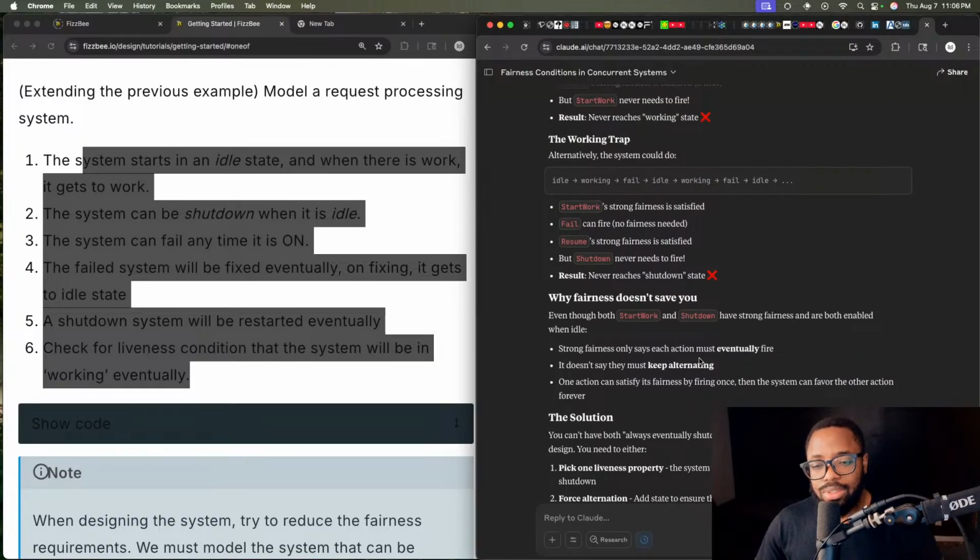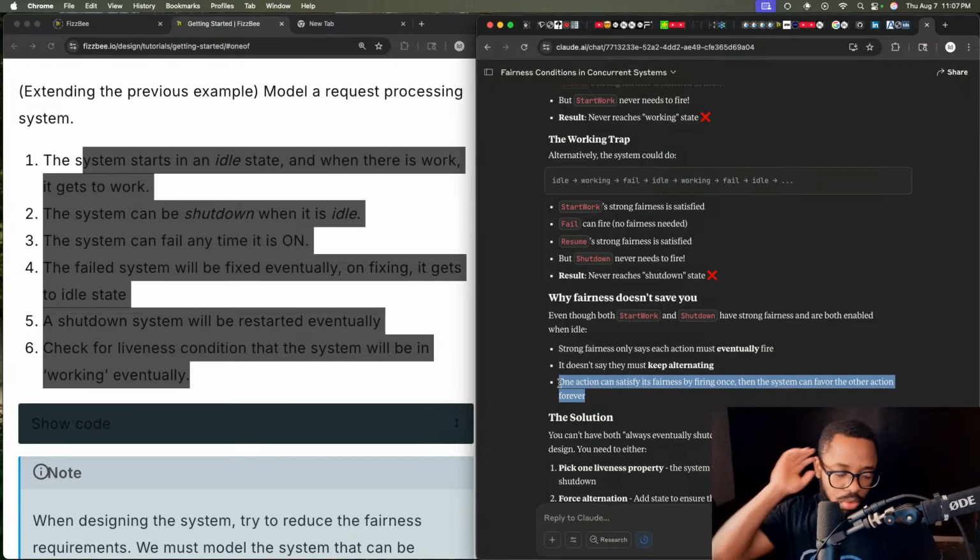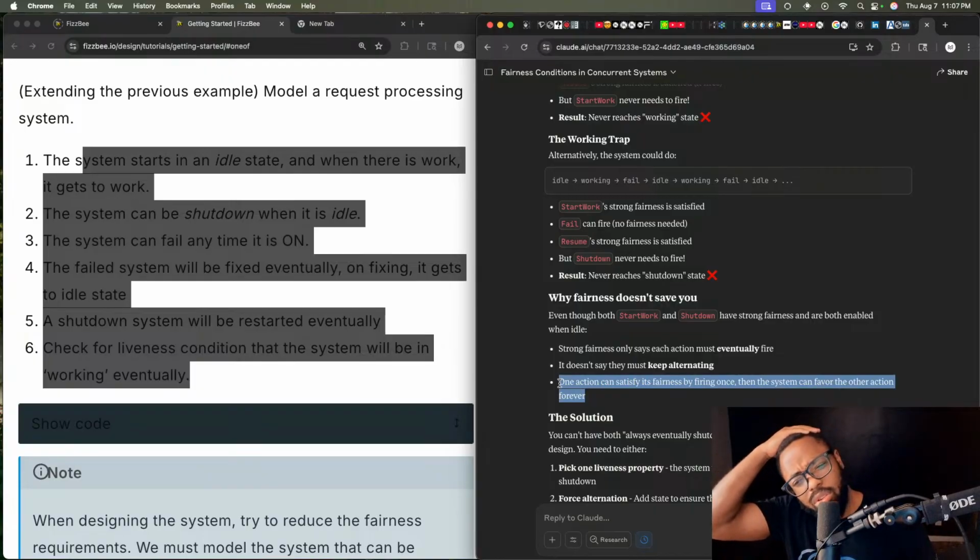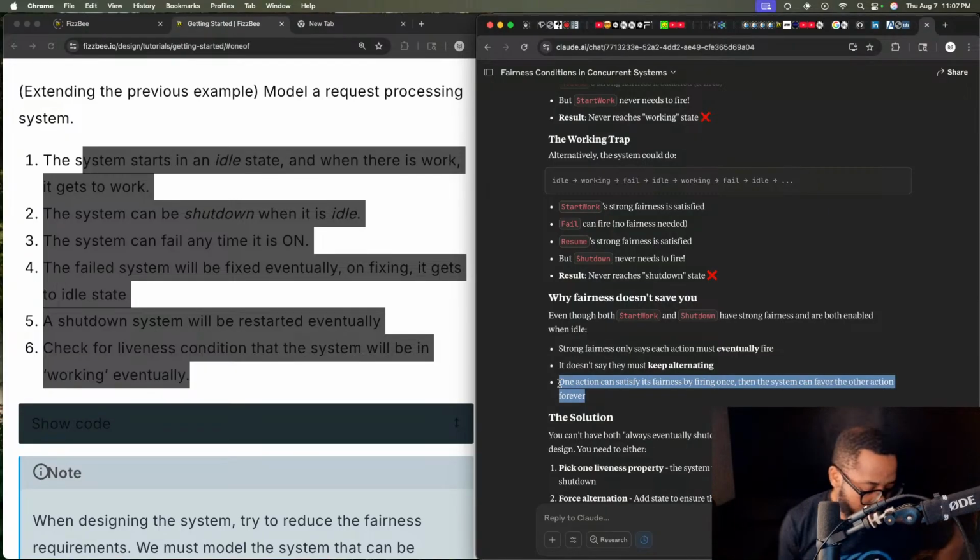Strong fairness only says each action must eventually fire. Oh. Wait. What?